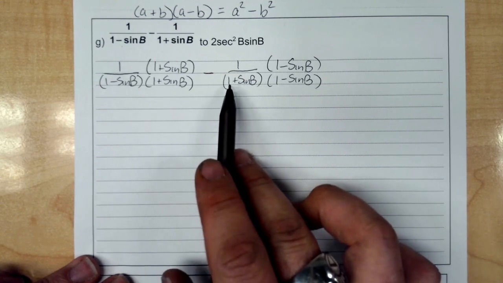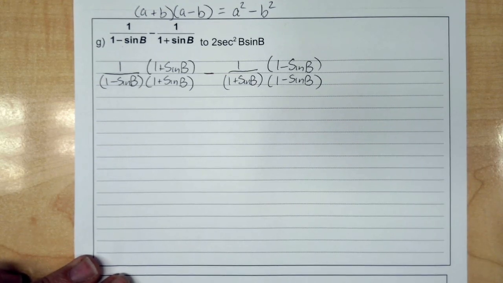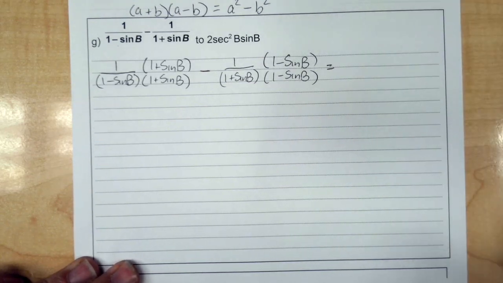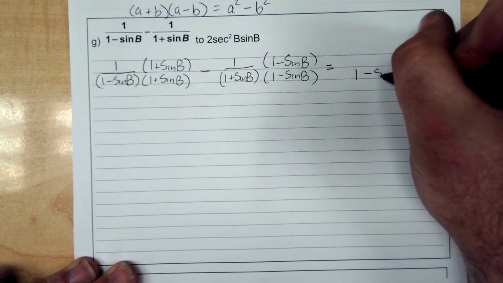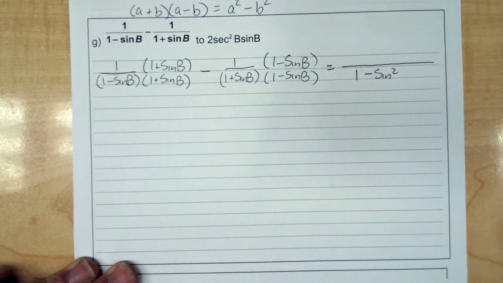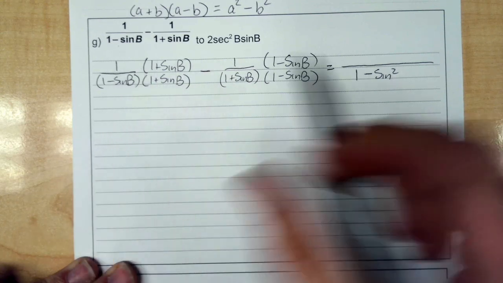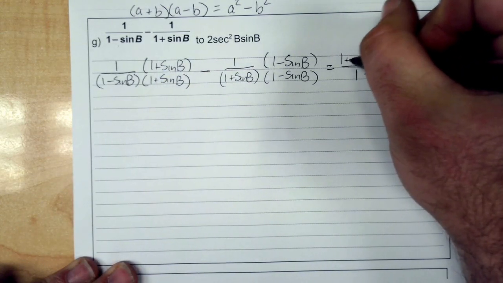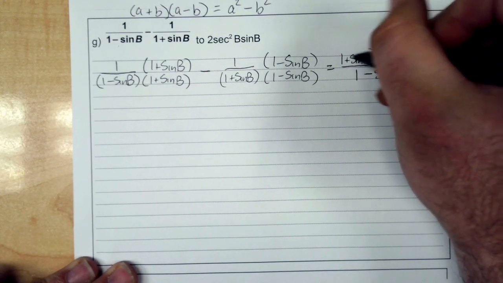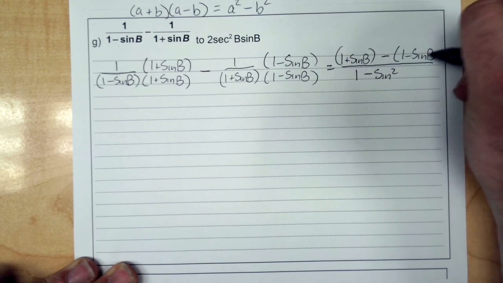So since I have a plus b times a minus b for both of my denominators, then I can turn that into 1 squared is still 1 minus the sine squared as my denominator for both fractions. And then at the top I have 1 plus the sine of b minus 1 minus the sine of b.